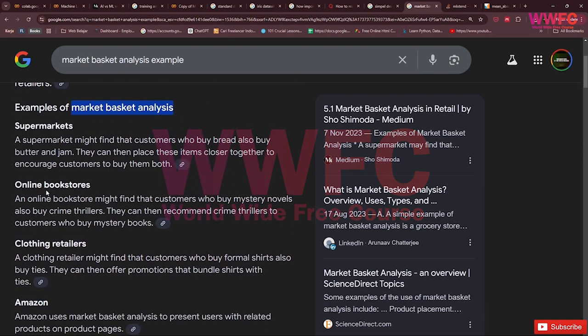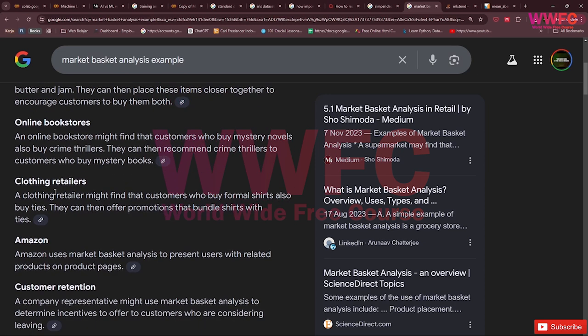An example again: an online bookstore might find that customers who buy mystery novels also buy crime thrillers. They can then recommend crime thrillers to customers who buy mystery books. And a clothing retailer might find that customers who buy formal shirts also buy ties. They can then offer a promotion that bundles shirts with ties.